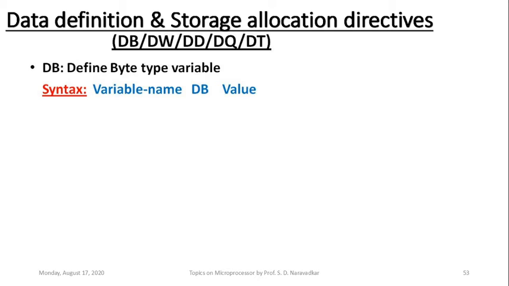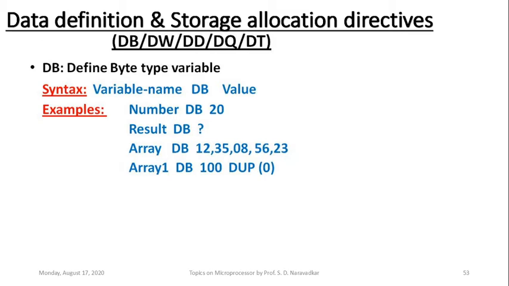First of all, a particular variable name, whatever you want to assign, will be written here. Then DB, that stands for define byte, and the value which is to be assigned to that variable name will be written on the right side. So the syntax is very simple.